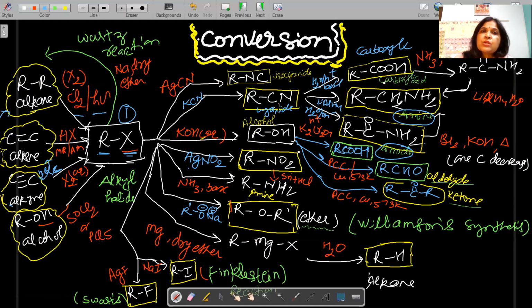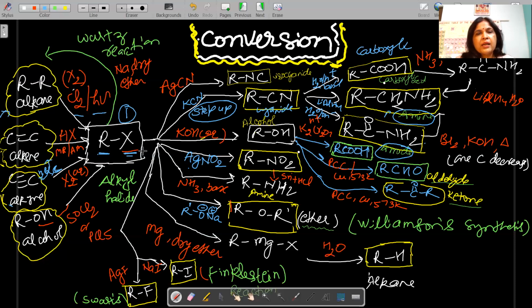So cyanide has three important reactions: carboxylic acid, amide, and primary amine. And you know, cyanide is used for step-up conversion where you have to increase one carbon. You can use KCN, or we can say the cyanide reaction. And cyanide is only formed from alkyl halide using KCN.